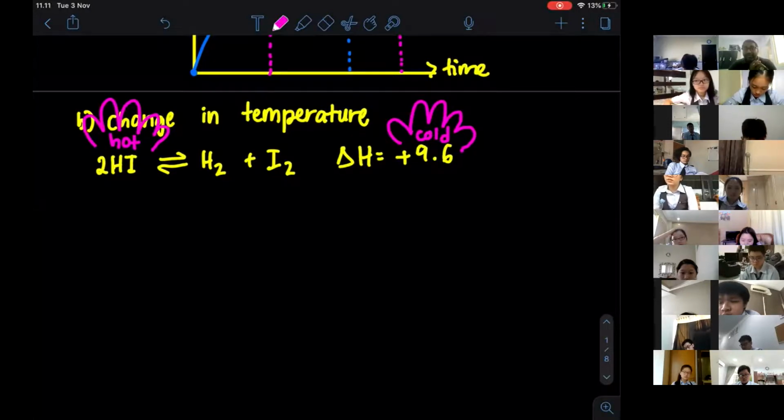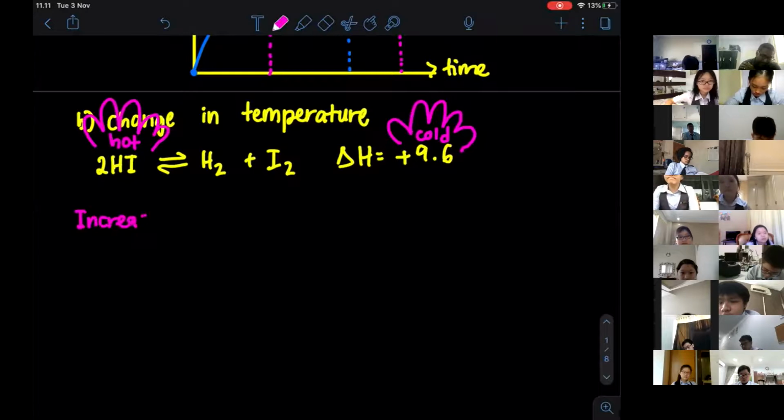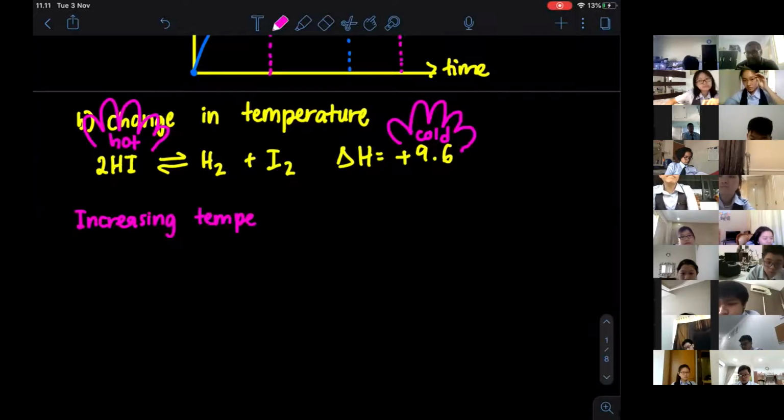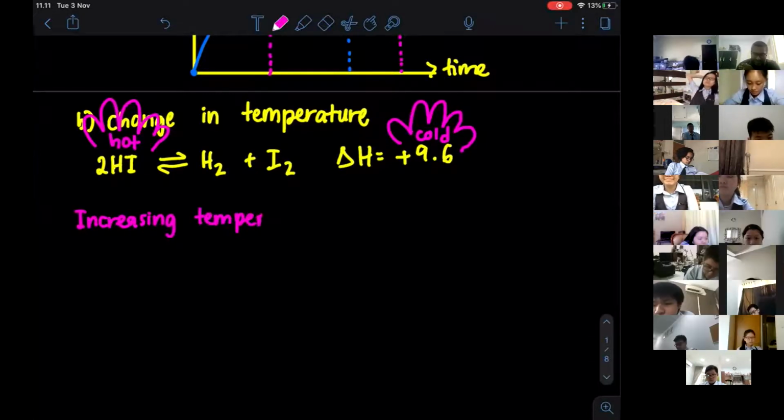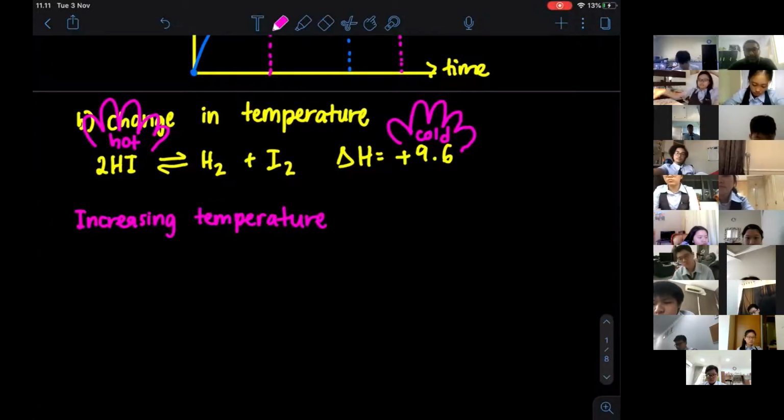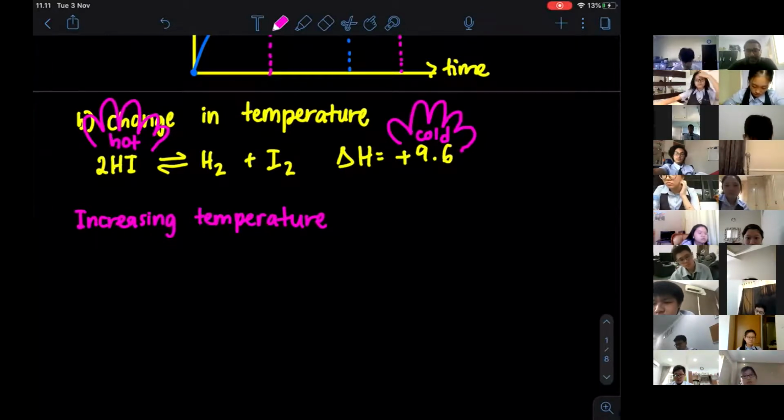Now, let's say this system is already at equilibrium and I am increasing the temperature. According to Le Chatelier's principle, when you increase the temperature, what do you need to do? Josh? I need to decrease the temperature.